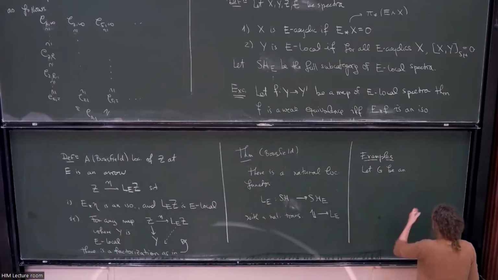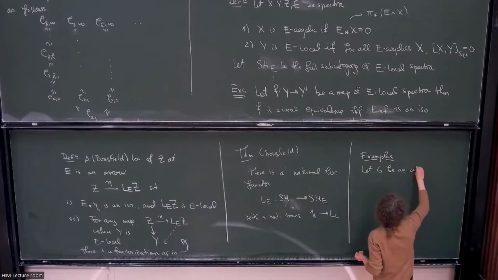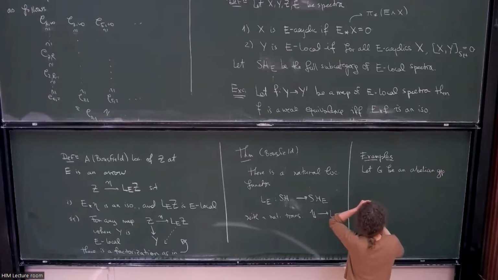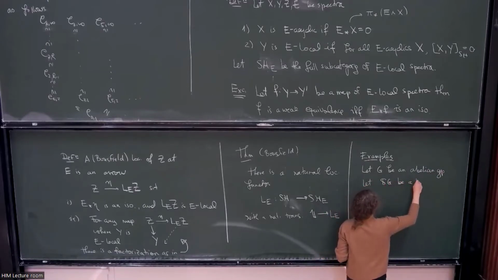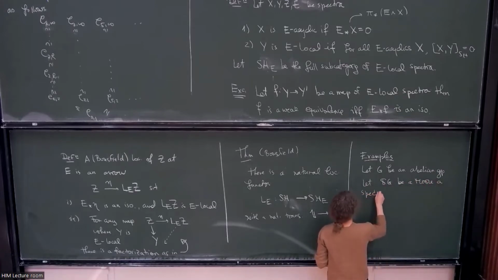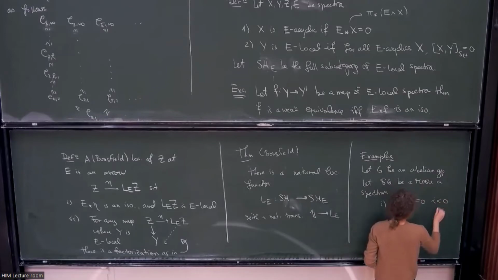Okay, let G be an abelian group. And then we're going to let SG be a Moore spectrum for G. I'll tell you what that means. The first thing is that the homotopy groups of SG are 0 if i is less than 0.